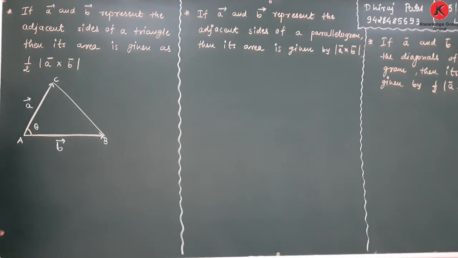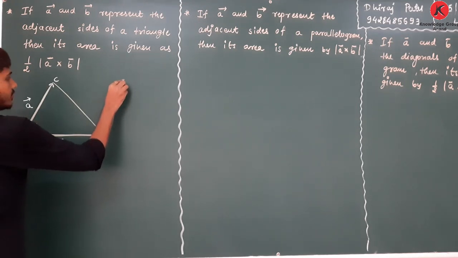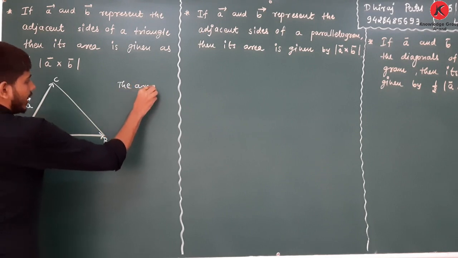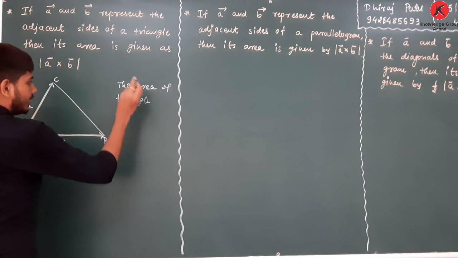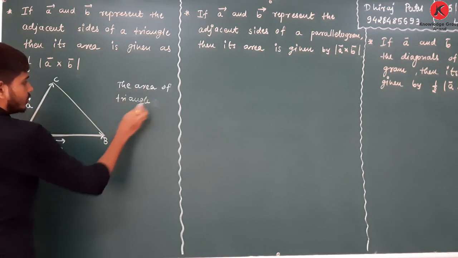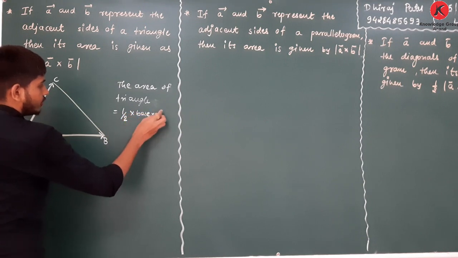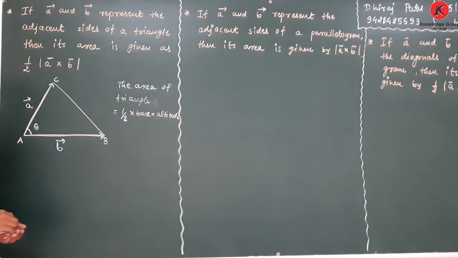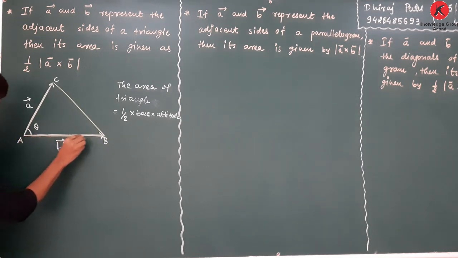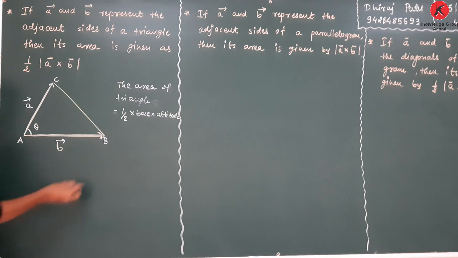We know that the area of a triangle is given by half base into altitude on that base. Suppose this is our base, vector B is our base.